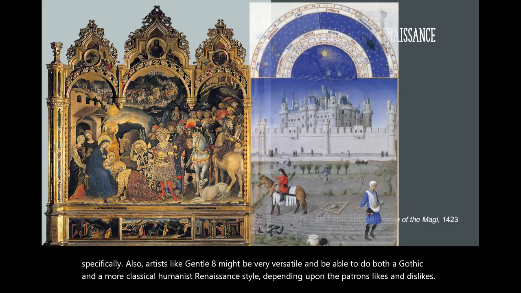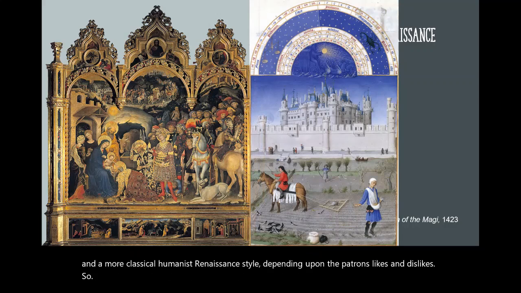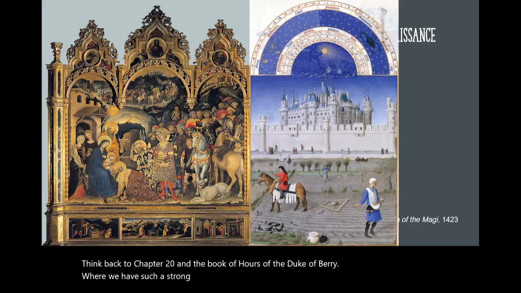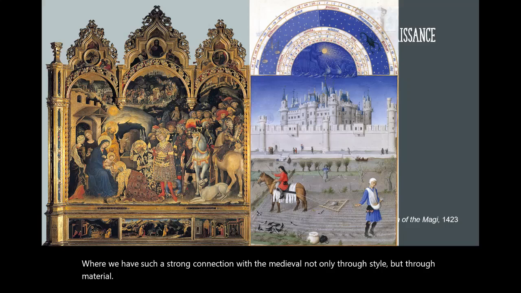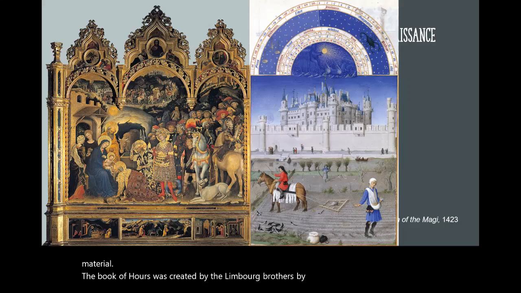So think back to chapter 20 and the Book of Hours of the Duke of Berry, where we have such a strong connection with the medieval, not only through style, but through material. The Book of Hours was created by the Limbourg brothers by hand, so it is a manuscript by definition.